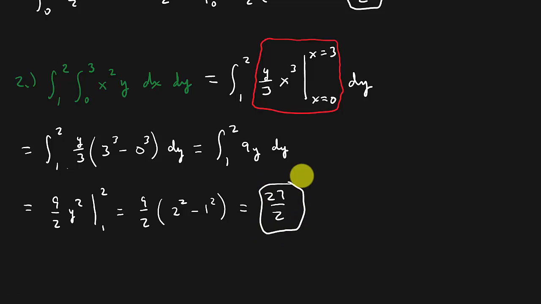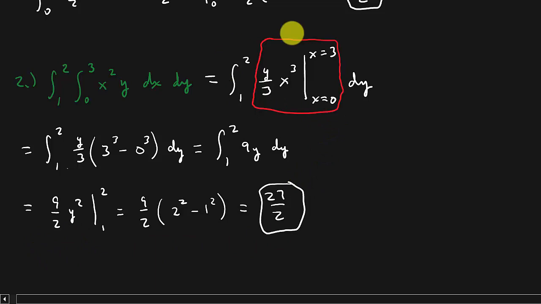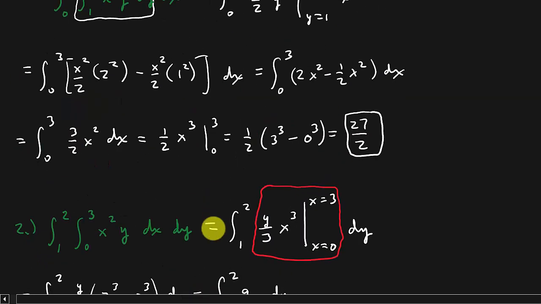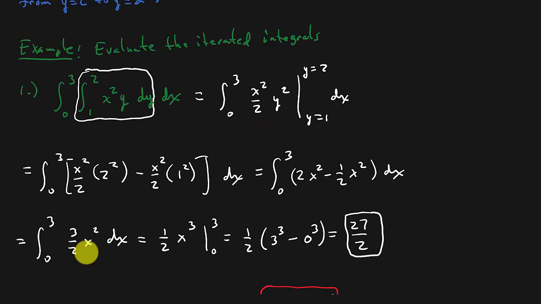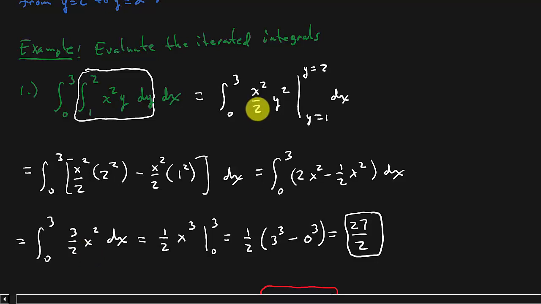Now, another thing I want to point out here is look at the work we did with this problem versus the work we did with this problem. Was it really that much of a difference? Nah, not really. Didn't make a whole lot of difference, did it? I mean, the work was about the same. Now, see here, I didn't keep the x squared over 2.